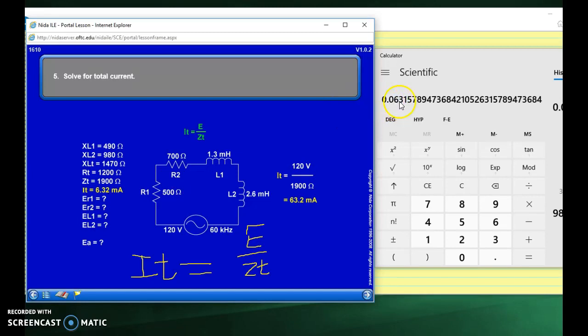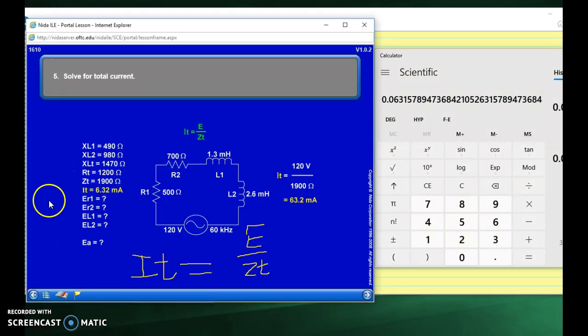Wait a minute now. Let's try it again. 120 divided by our ZT, which was 1900, equals, 1, 2, 3. I'm coming up with 63. They wrote it wrong in one place and wrote it right in the other, so that's an error in the slide. So let's circle that.